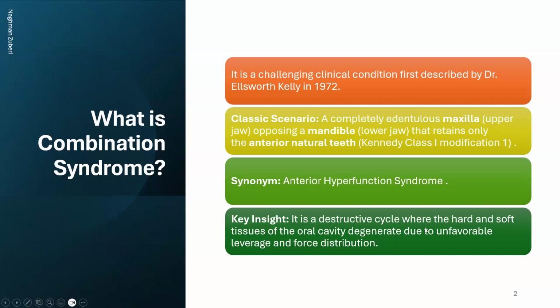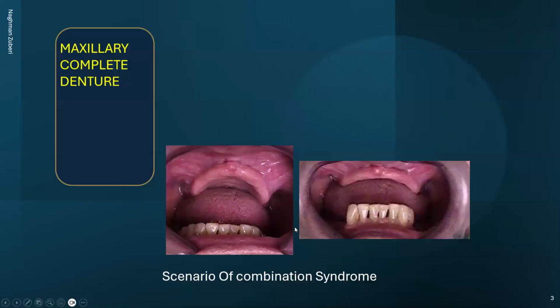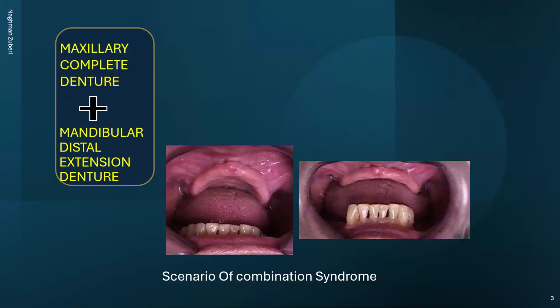So it is a destructive cycle where the hard and soft tissues of the oral cavity degenerate due to unfavorable leverage and force distribution. So basically what happens, there is a maxillary complete denture and a lower mandibular distal extension denture.